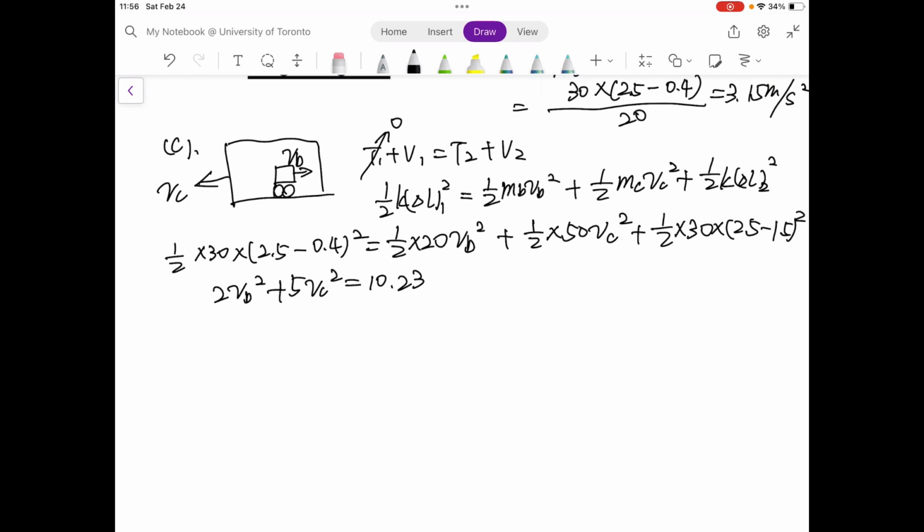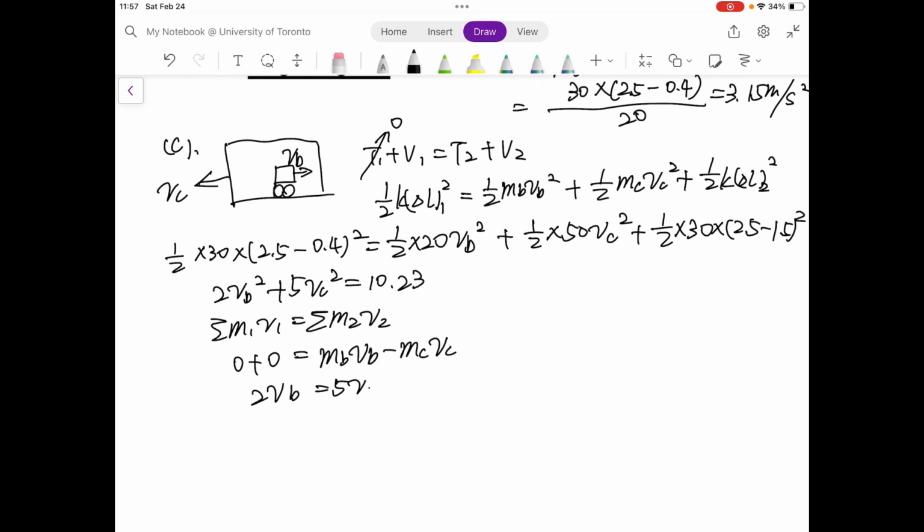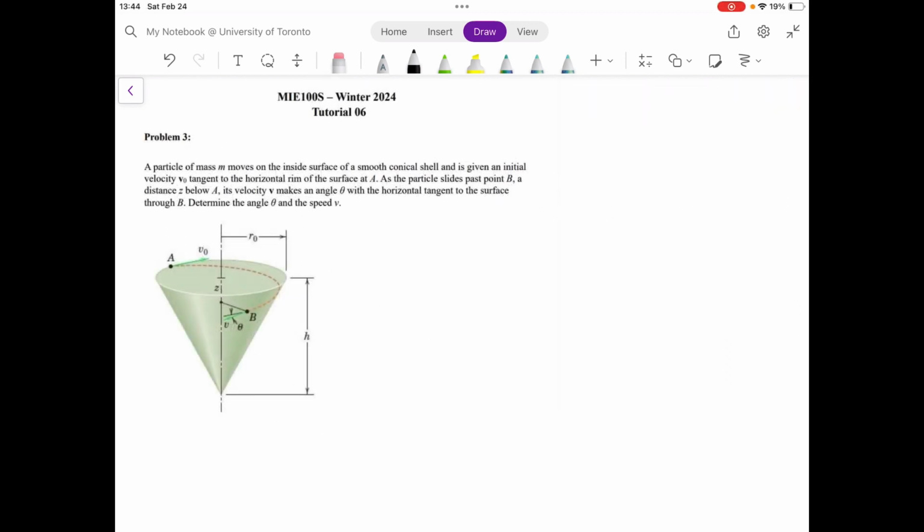Because the linear momentum is also conserved, m1v1 is equal to m2v2. Let's say 0 is equal to mB vB minus mC vC. So 2vB is equal to 5vC. Here's our equation number 1, here's our equation number 2. So we can get vC is equal to 0.76 meter per second.